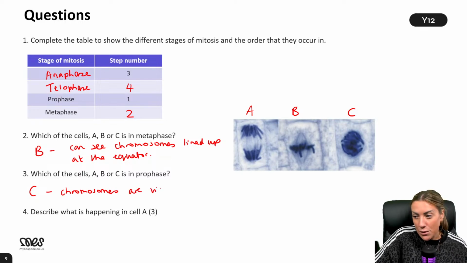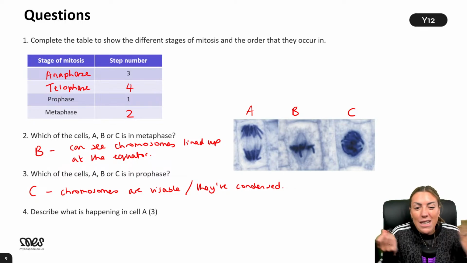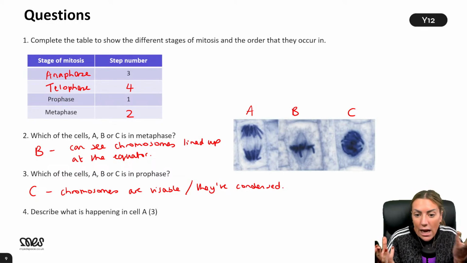Chromosomes are visible. They've condensed. Yeah, so we can see them, but they're not really doing anything yet. They've not moved yet. They're not lining up on the equator. They're not being pulled to opposite poles. So it's got to be C.